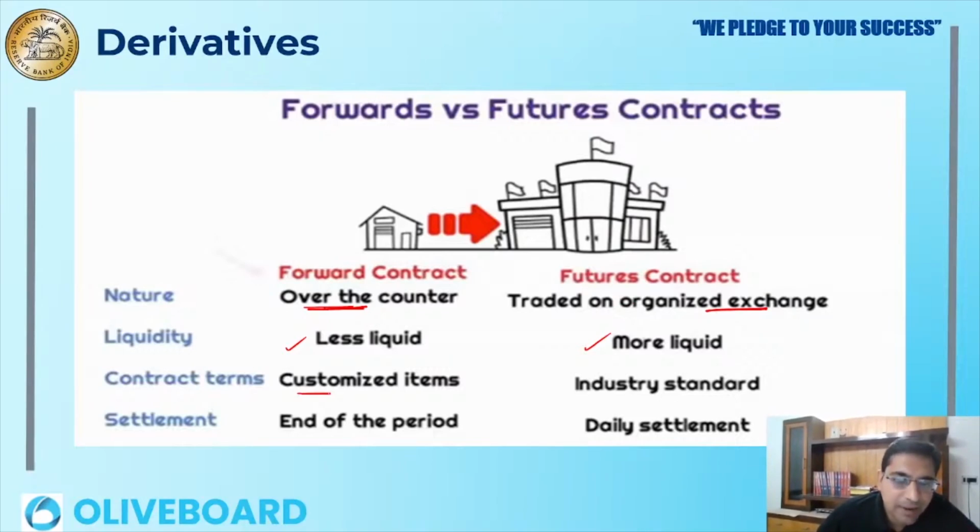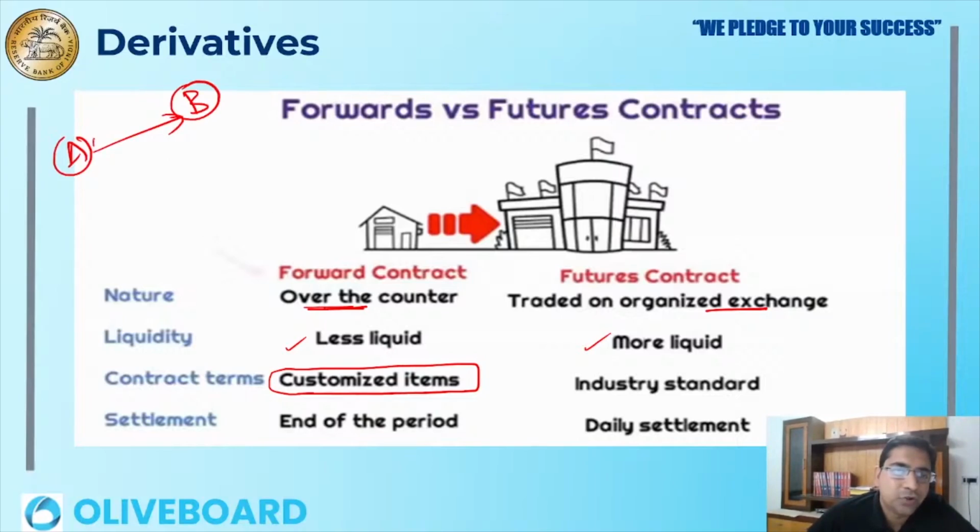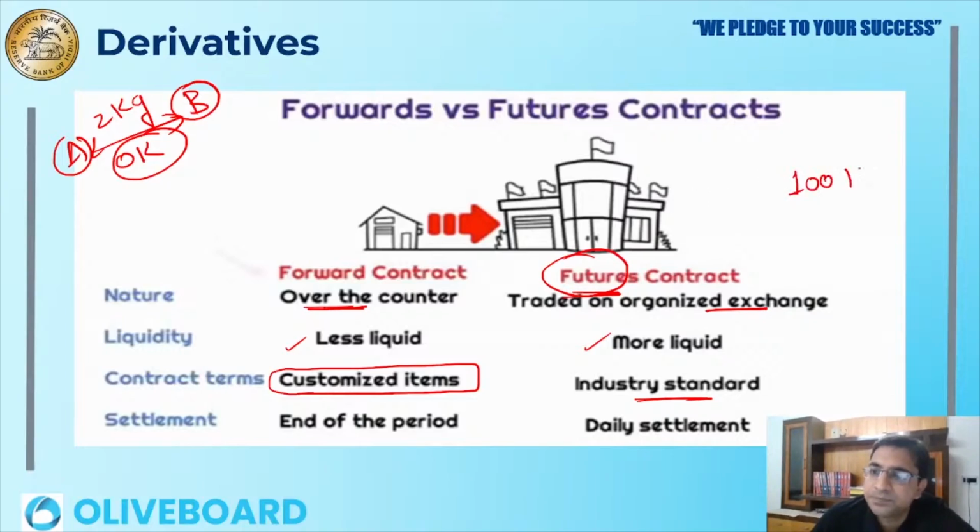The contract item is customized in a forward contract. Customized means the two parties customize it. Like if A and B are there, I will say okay, 2 kg of wheat, and we are happy. But in a future contract there is an industry standard. If you are entering any kind of future contract, you have to do a contract of at least 100 kg.